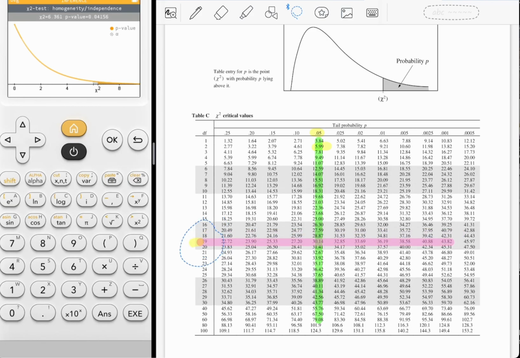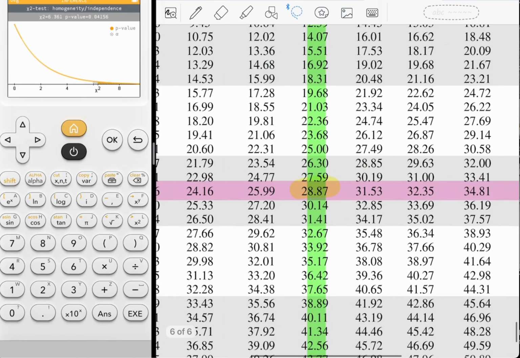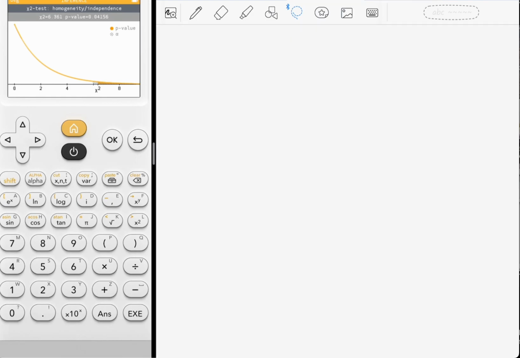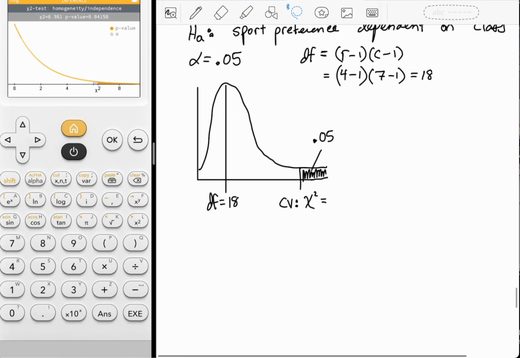And we're just looking for where those two intersect. So it intersects here at 28.87. That's an alpha of 0.05 with 18 degrees of freedom. All right, so 28.87 is the magic number.